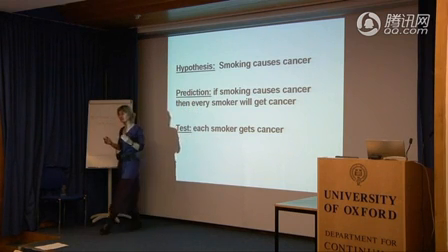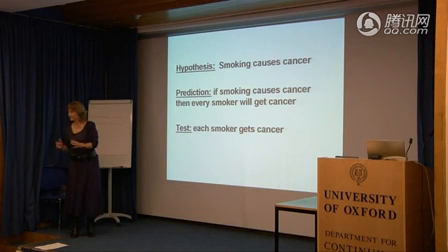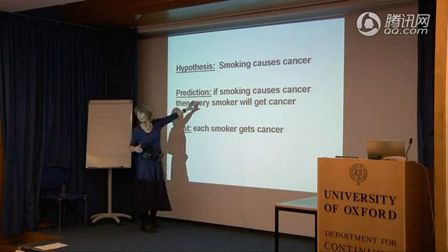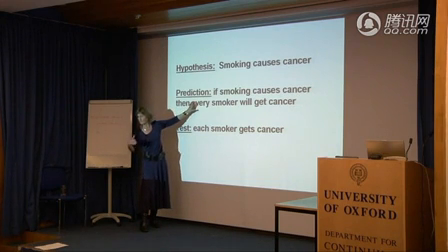We might want to say, well, okay, it's possible for A to cause B without it being the case that A is sufficient for B. See what I mean? So we could jettison premise 2. So possibly A can cause B without it being the case that you always get B if you get A.